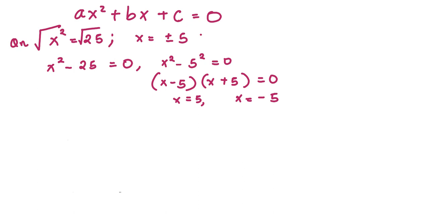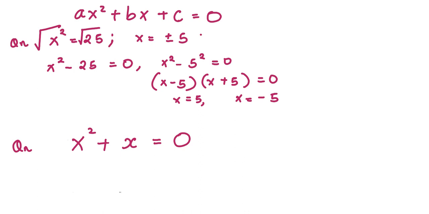Then what if you need to solve an equation like this? This is also quadratic, but we do not have a C. If it is like that, then you factorize.